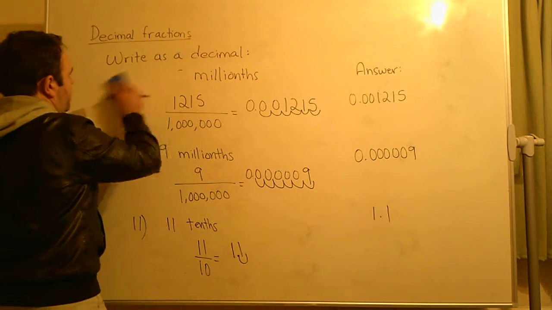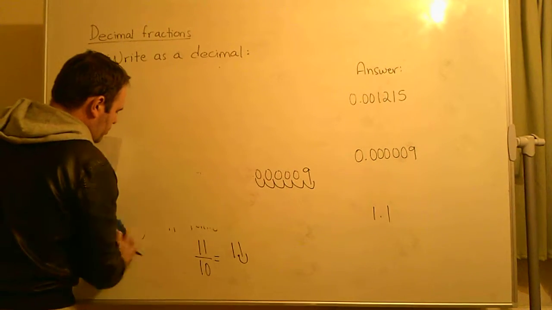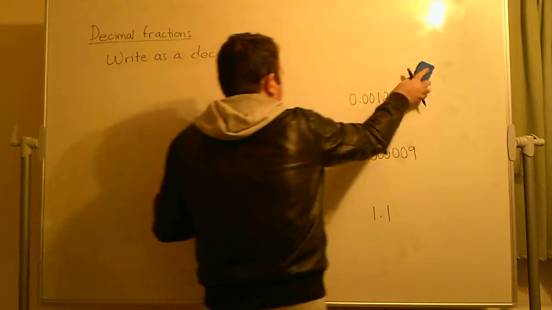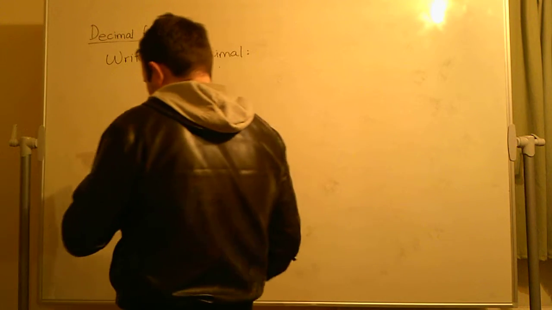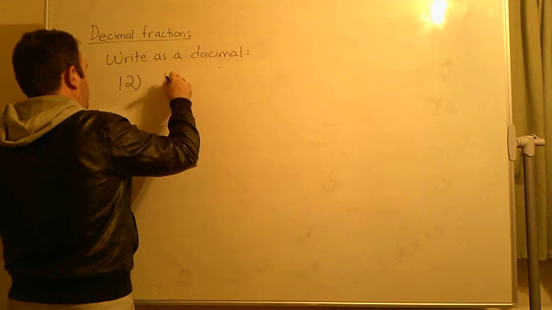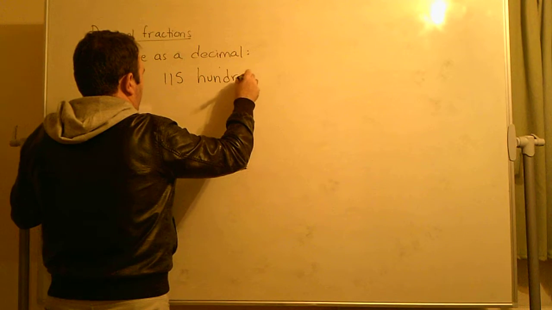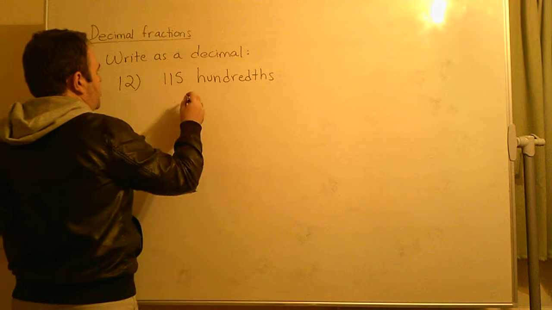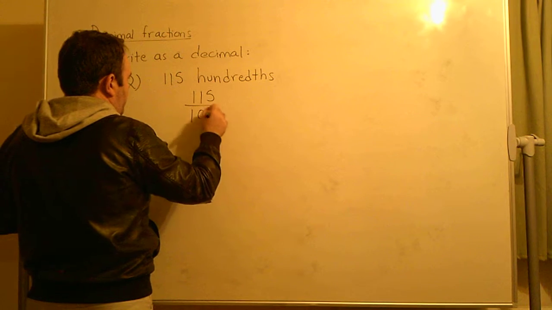More examples. 115 hundredths. So we take 115 and we divide it by 100, right?